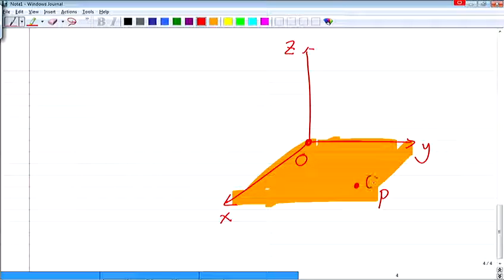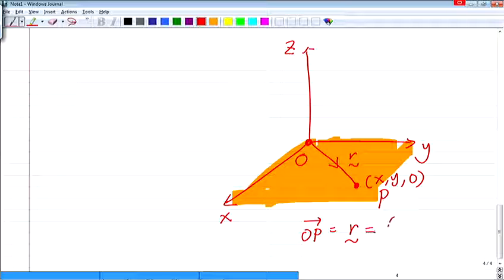I can straight away say that this is (x, y, 0), because if your point is on the xy plane, z is always 0, isn't it? So any point over here can be written as (x, y, 0), which means OP, which I'll think of as r.